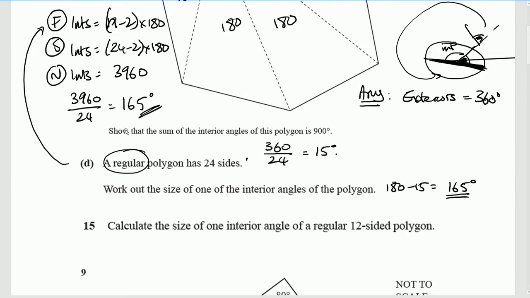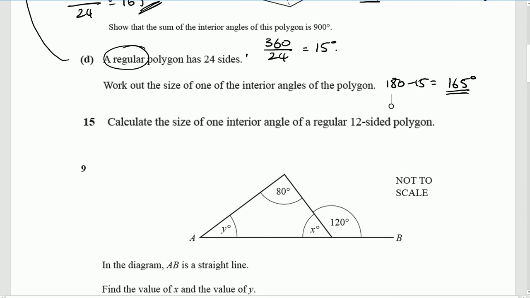Let's move on. Now I want to calculate the size of one interior angle of a regular 12-sided polygon. So this is exactly the same question, I just have a different number of sides. Let's use the exterior angle method again, just for practice. If it's a regular polygon, every angle is the same. The exterior angles will add up to 360.